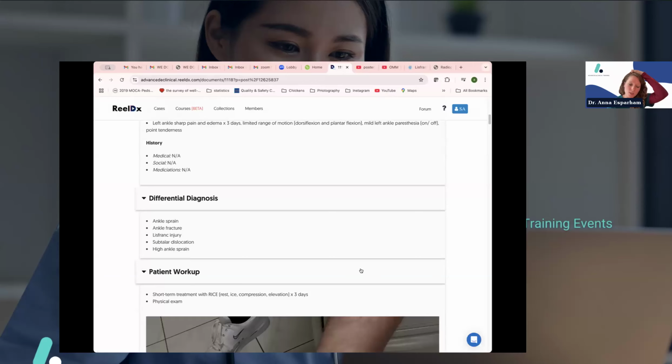Okay, so differential, you guys pretty much had the same differential as on the last case. Just any ankle pain, you want to be thinking about ankle sprain, ankle fracture, Lisfranc injury, which is a foot fracture. It's just expanding your differential, looking at ankle dislocation, subtalar dislocation, and a high ankle sprain, which we'll go over in just a minute.